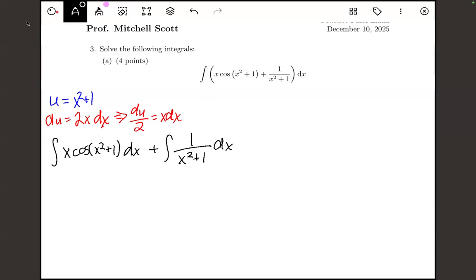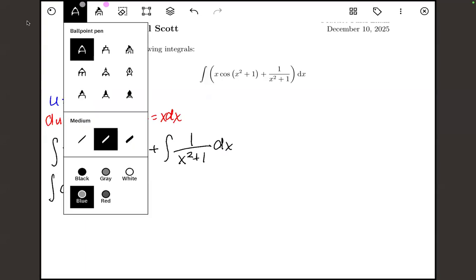And we see from this first one, I have an x dx, and I have a cosine of what we're going to call u, right? So I'm going to rewrite this first one as cosine of u du.